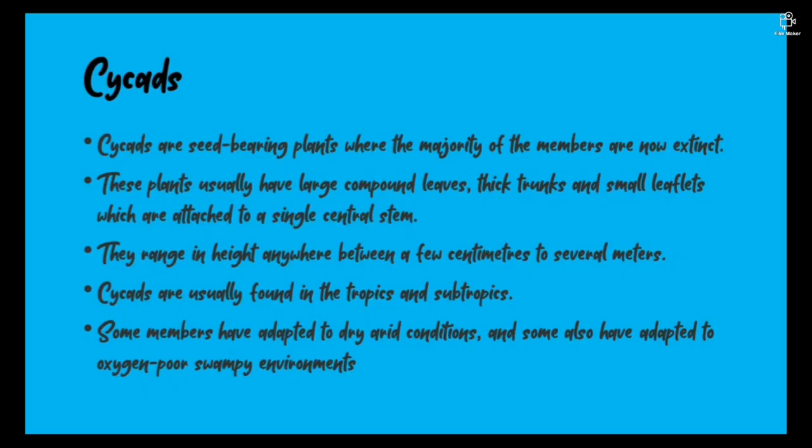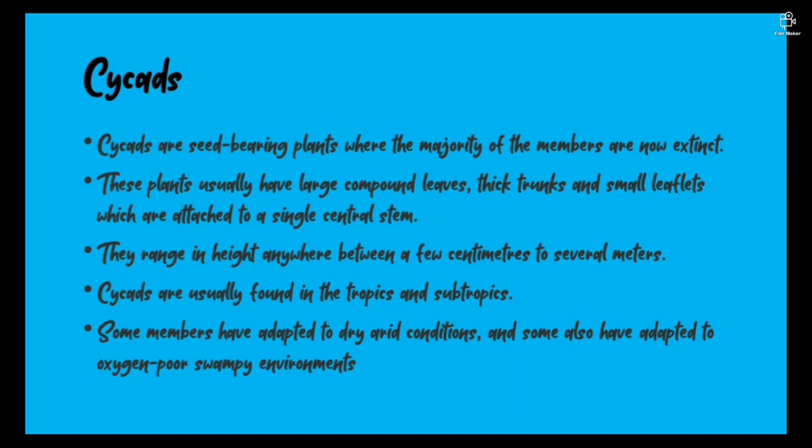Next we want to talk about cycads. Basically, cycads are seed-bearing plants where the majority of the members are now extinct. These plants usually have large compound leaves, thick trunks, and small leaflets which are attached to a single central stem. They range in height anywhere between a few centimeters to several meters.